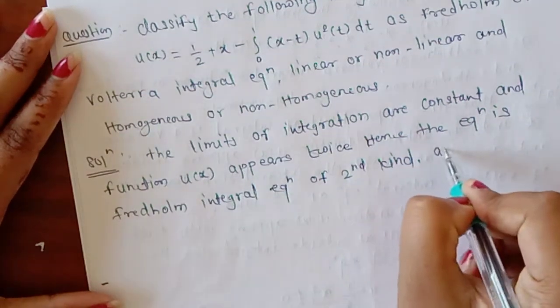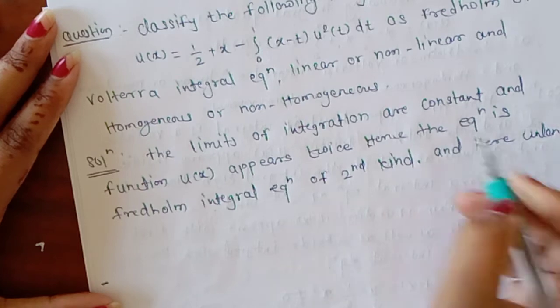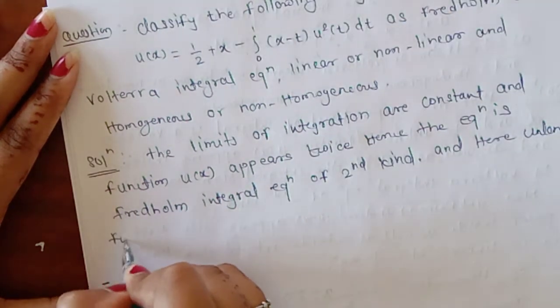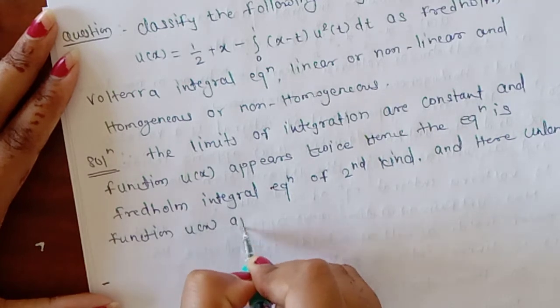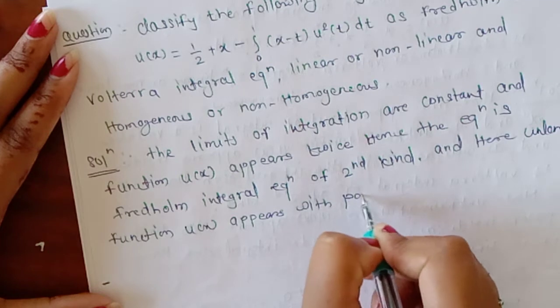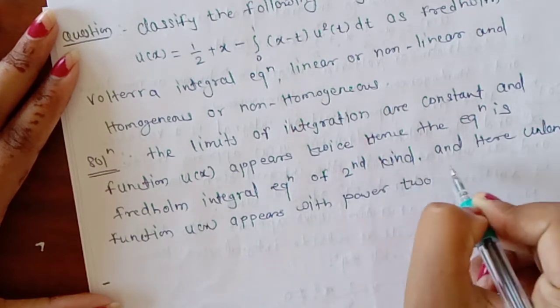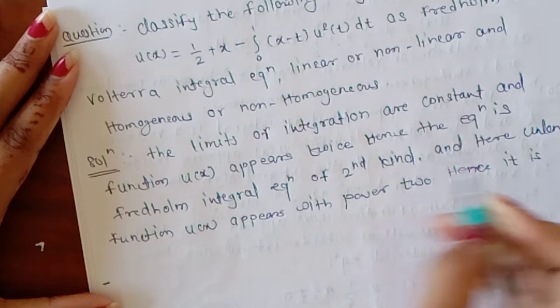Here the unknown function u of x appears with power 2, hence it is non-linear.